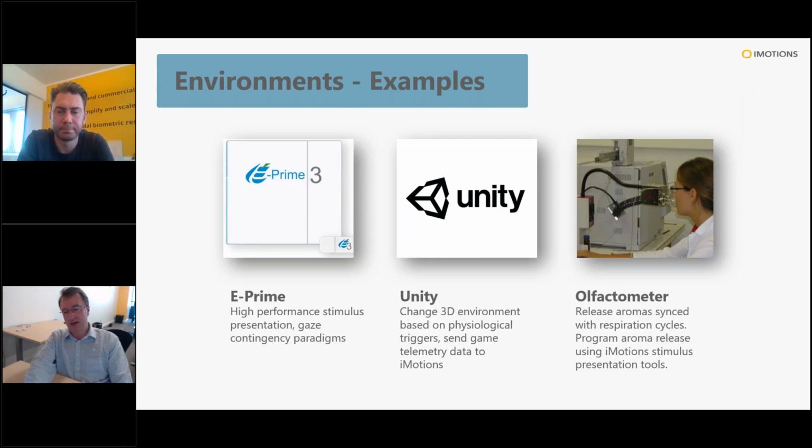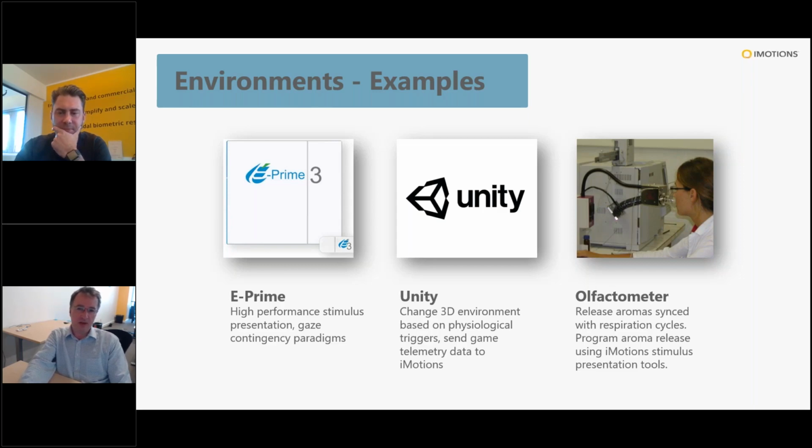The last example is a somewhat special case, but an interesting one, because we often talk about visual stimuli, but you could also imagine having aromas or scents as stimuli. The contraption you see in the picture is a device that can deliver aromas on demand. We have used the API in iMotions to trigger aroma release at an ideal point in time. If it's about smelling something, the respiratory cycle is important.